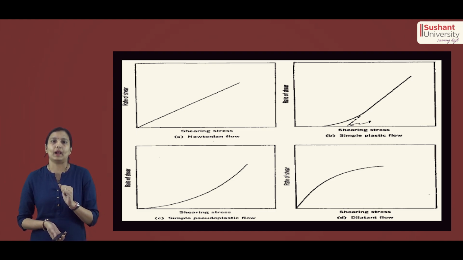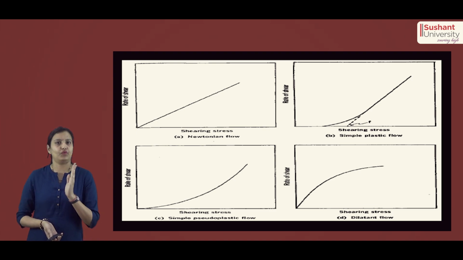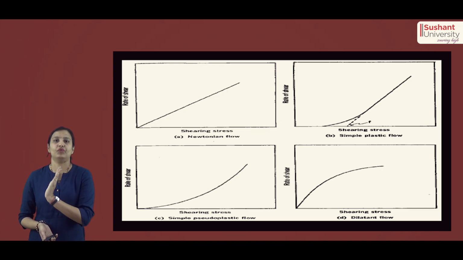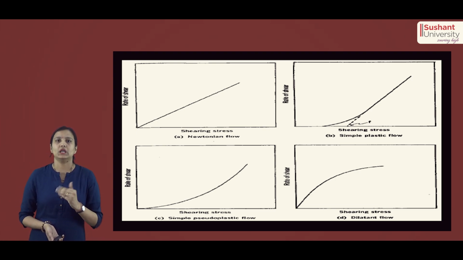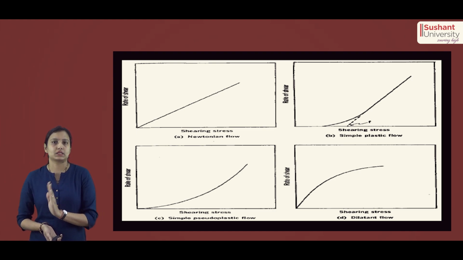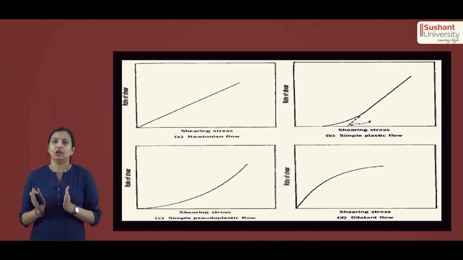If we apply force and it resists or shows elasticity, meaning we apply some extent of force to the liquid, and if we remove it, the liquid will come back to its previous state. But if we apply more force, then the liquid will start to flow. That is plastic flow. And the point up to which we apply force before the liquid starts to flow is known as the yield value.